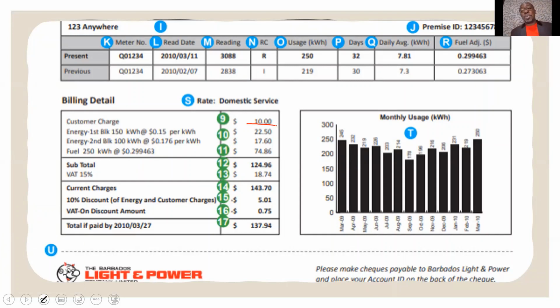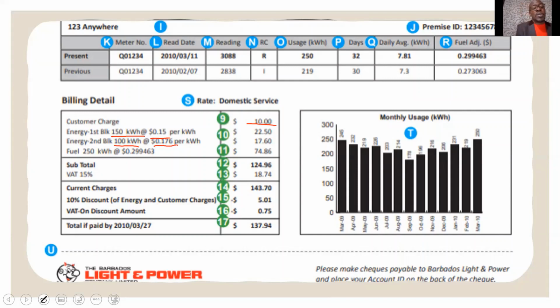Now remember we spoke about the bands. Here, the first 150 kilowatt hours is charged at 15 cents per kilowatt hour. For the second band, and for this bill, the customer would have used 250, the additional is charged at 17.6 cents.